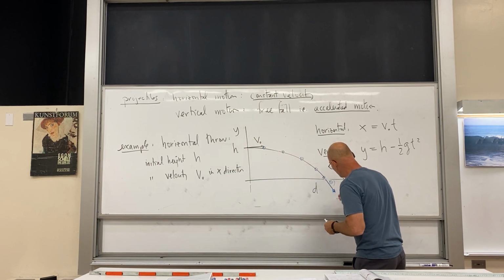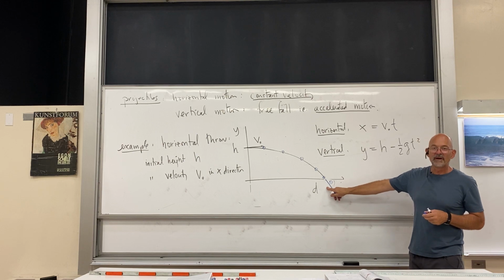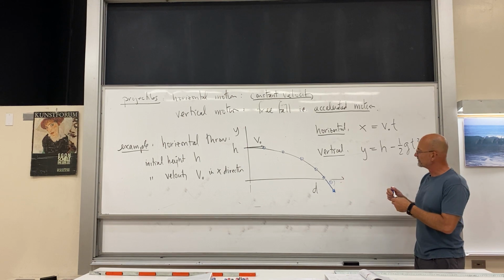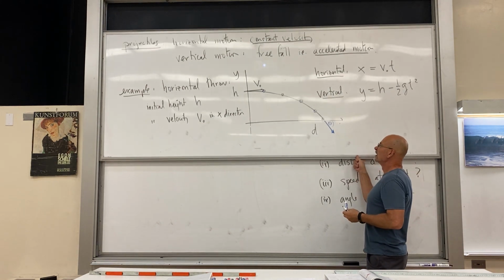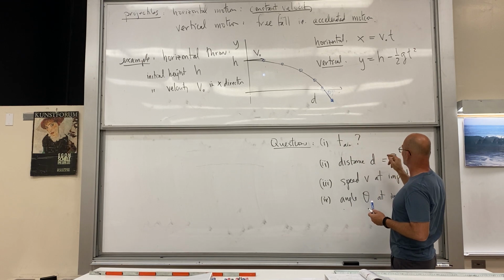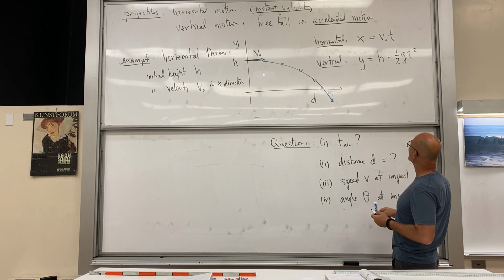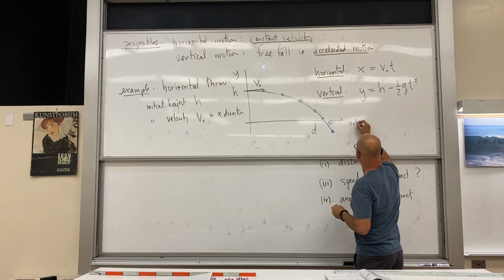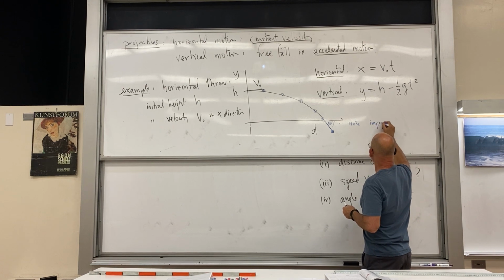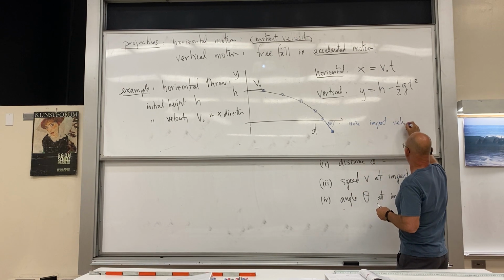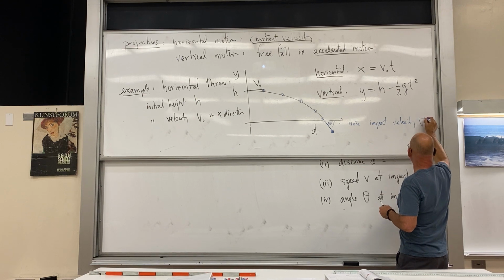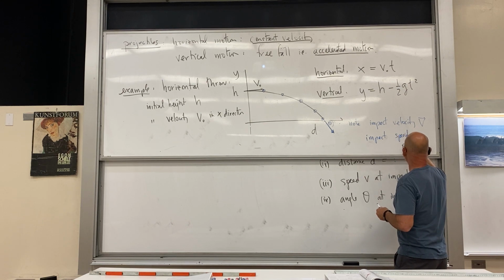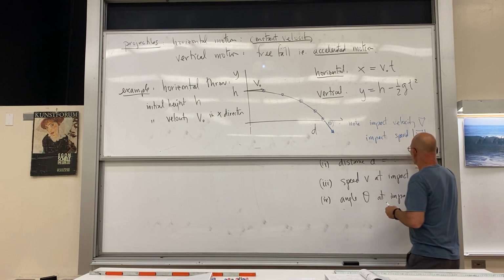So here's the thing. This is now a two-dimensional velocity vector, and the direction is given by that angle. So we're going to have to analyze that as well. I'll put that here as a note: impact velocity, vector v; impact speed, the magnitude of vector v.